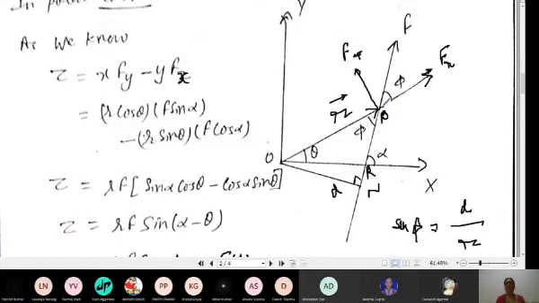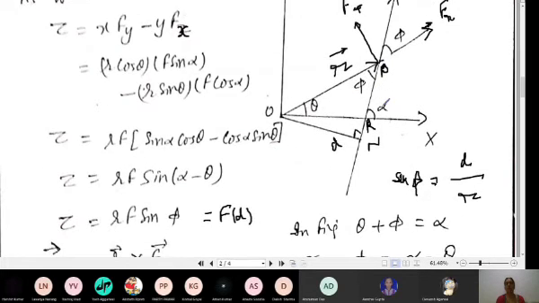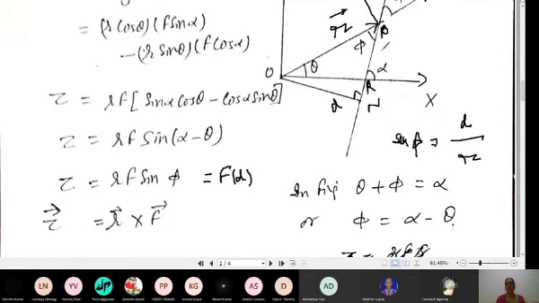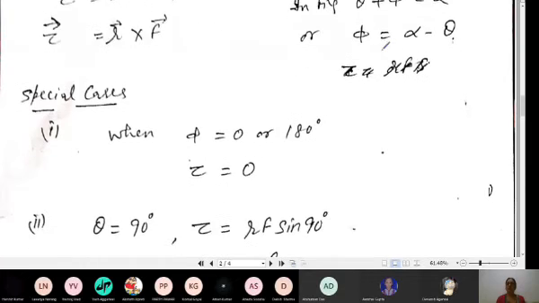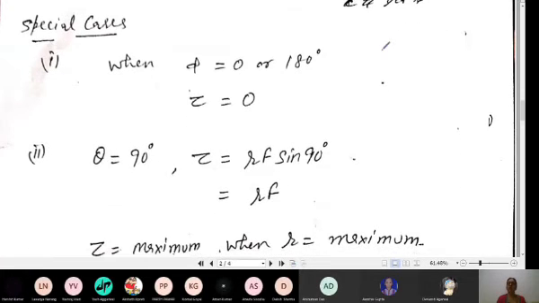That is, R sine phi is producing the torque. So if this phi is 0, then the torque will be 0. Otherwise, if I apply the force at 180 degrees, in place of a pull, if I push, then phi is 180, and then also the torque will be 0. So torque is going to be maximum only when theta is 90 degrees.